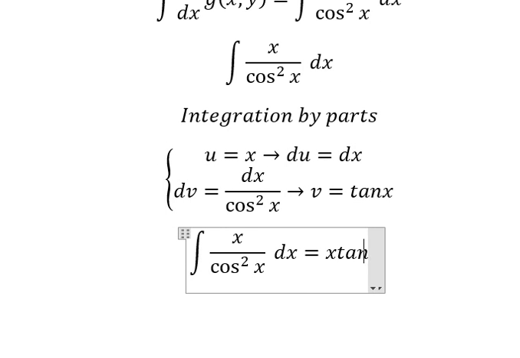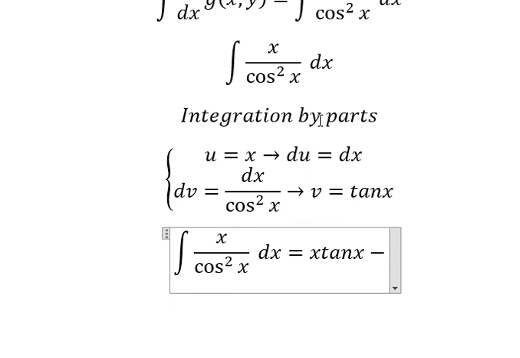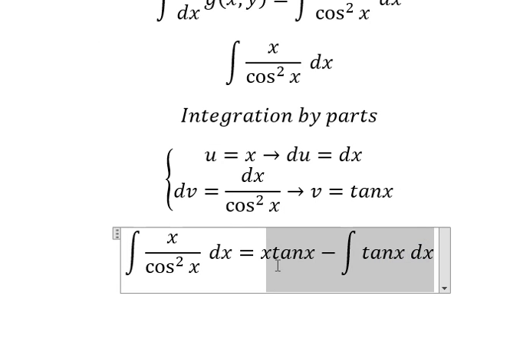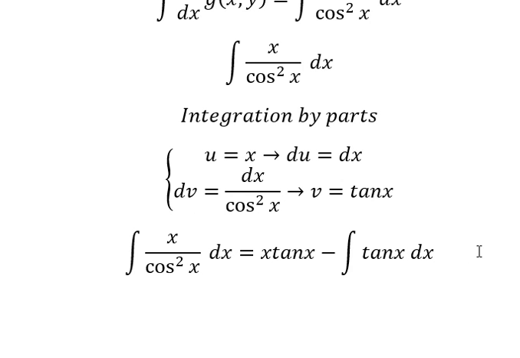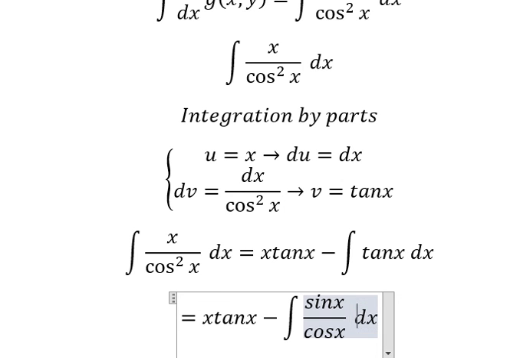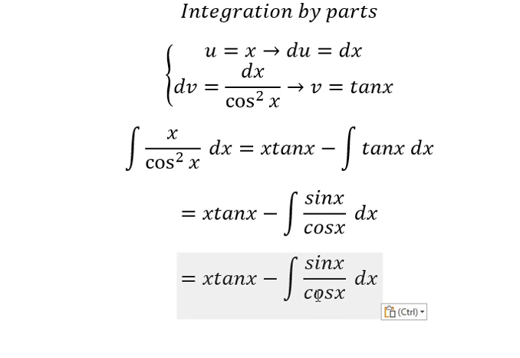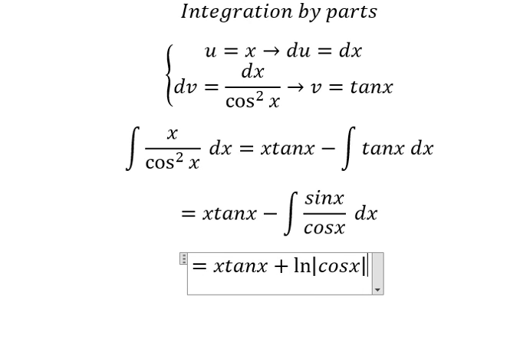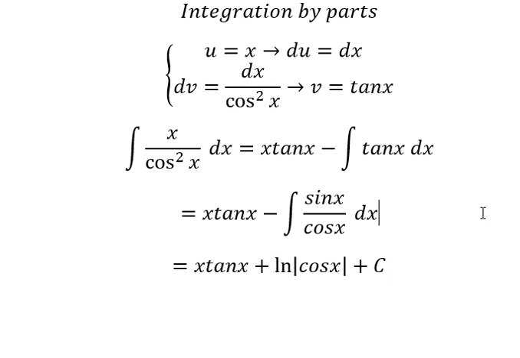So we have x tan x minus, we have the integration of v du, so the integration tan x dx. And tan x, we change sine x over cosine x. The integration of negative sine x over cosine x, we have positive ln of the absolute value of cosine x. And I will put about c.